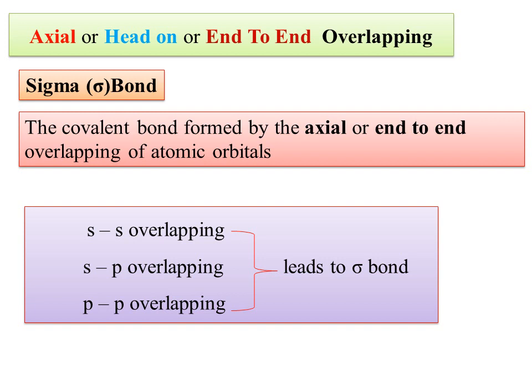The complete, end-to-end overlapping is called axial overlapping, and that bond we designate as a sigma bond. The overlapping between S and S, or S and P orbitals, and P and P overlapping, all these three lead to a sigma bond.